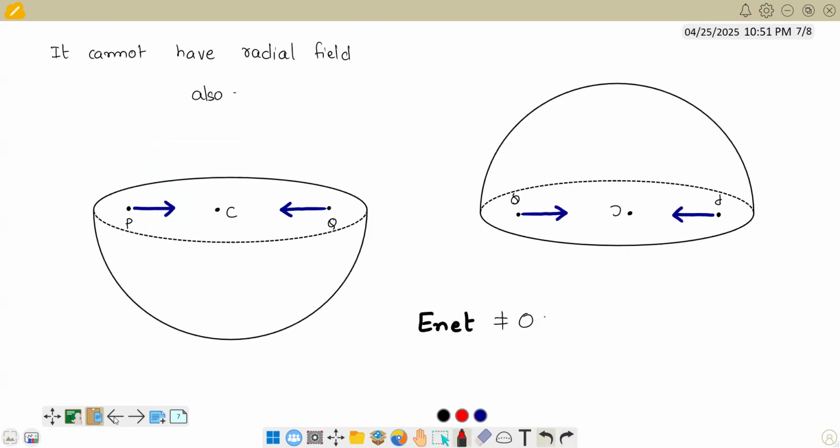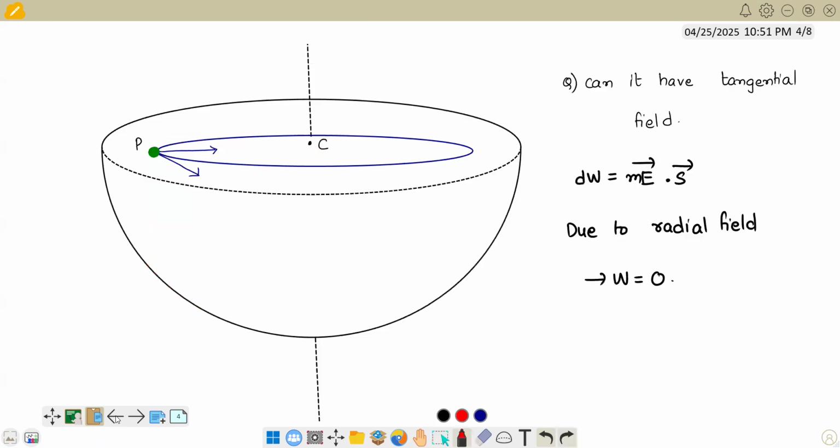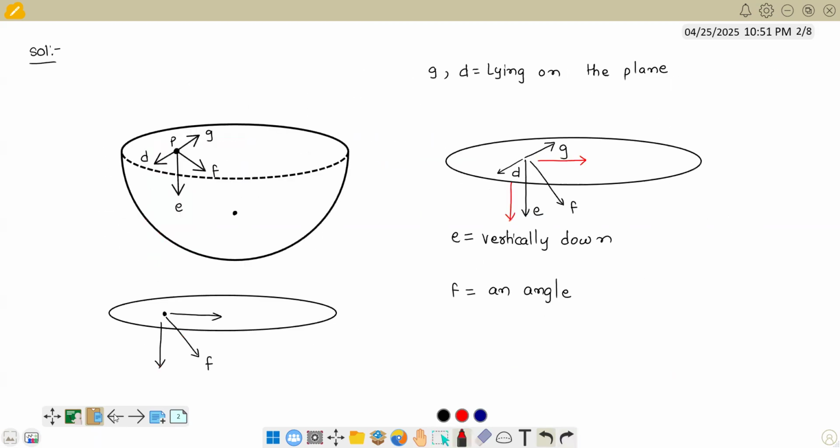So if we have point P, and if I assume the net field is in this direction, when I resolve this into components, this component would be there and this component would be there. So if I take my original question and bring it here, D, E, F, G, so I'll take it.